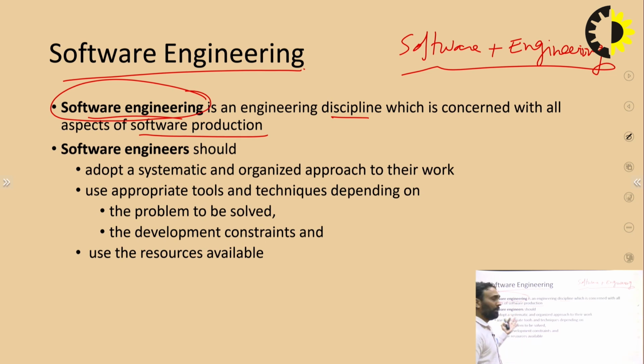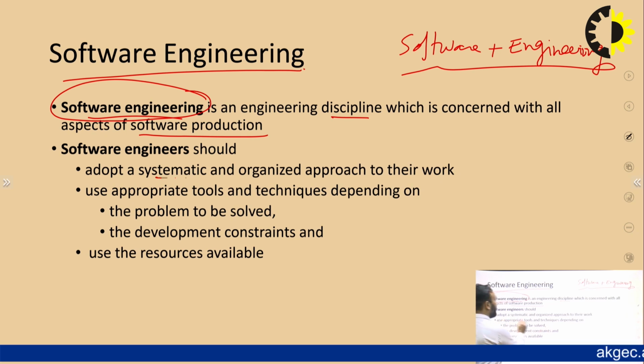What are the major outlines of software engineering? It consists of adopting a systematic and organized approach. A software engineer should adopt a systematic and organized approach, and use appropriate tools to develop the solution of the problem to be solved, within the development constraints and using the available resources.